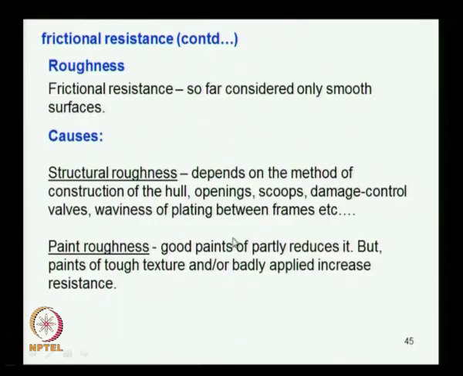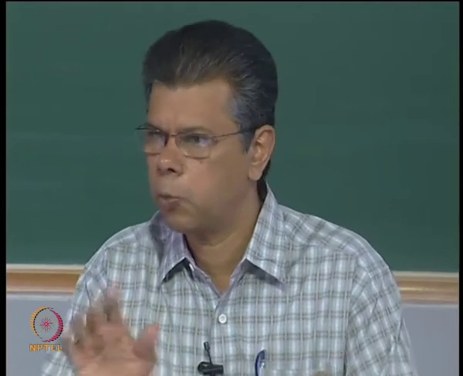Then waviness of plate between frames. You see that ship construction is a stiffened plate, a plate which is stiffened inside. So between two stiffeners it is unsupported. This plate, during construction or during its operation, can be subject to deformation. It may be a temperature reason or maybe an imperfection in the construction, various reasons contribute to that.